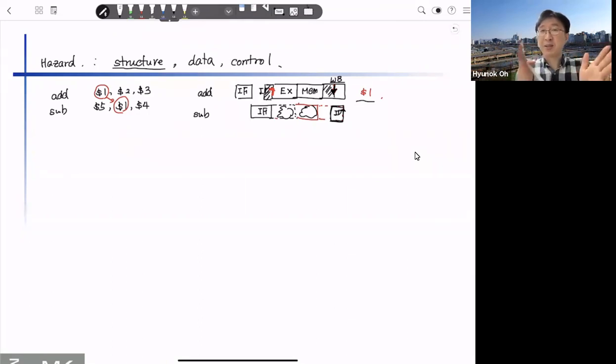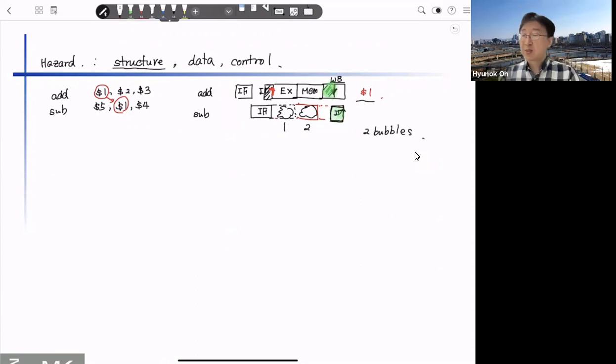Write back is happening half a cycle earlier, and reading is happening at the end of the clock cycle. So the write is already completed before we read the register. So how many bubbles? There are 2 bubbles.